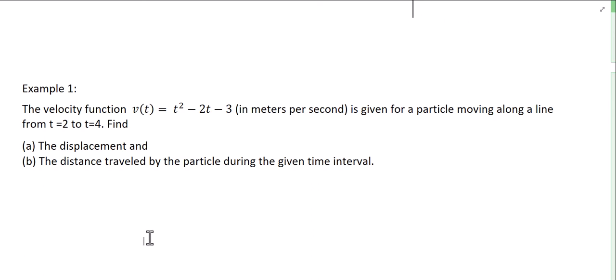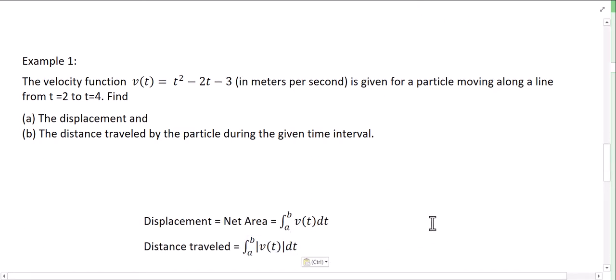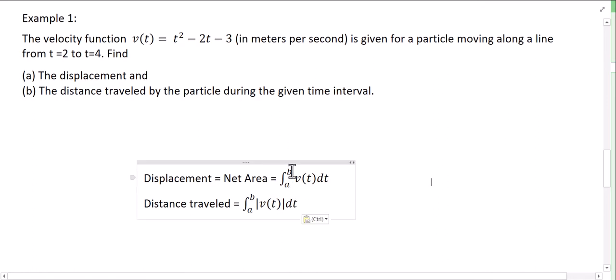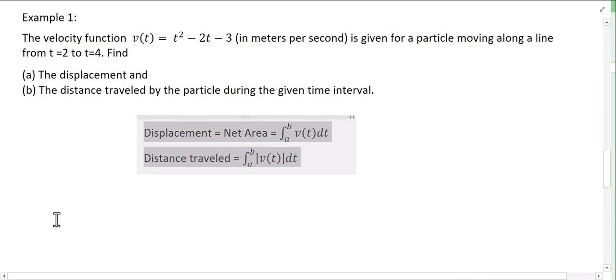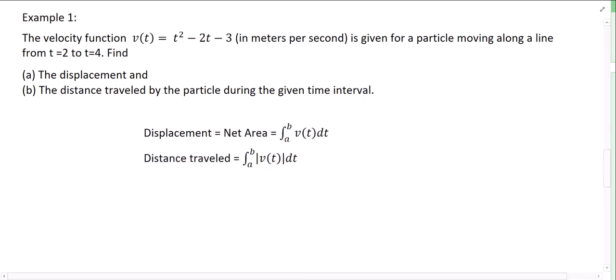So here, let's remember what we just said. The displacement is the net area. So it's just going to be the integral from A to B of the velocity function, that rate of change. And the distance traveled is the absolute value of that rate of change of the velocity function. So in this particular example, the displacement is the easiest one to find.